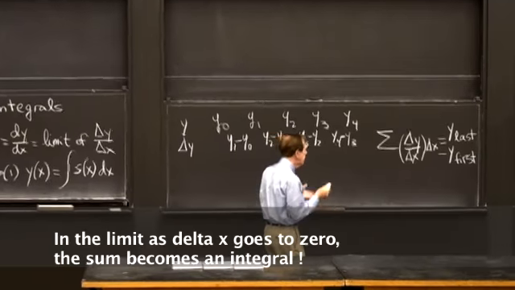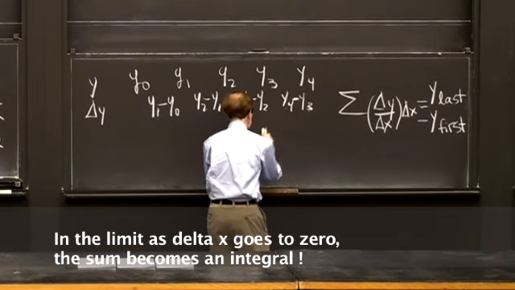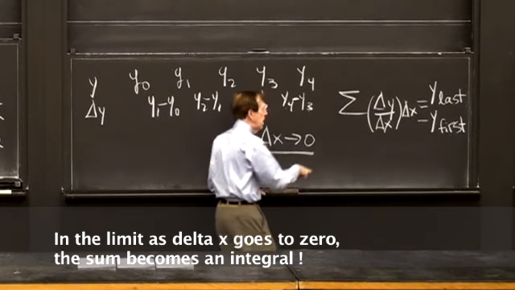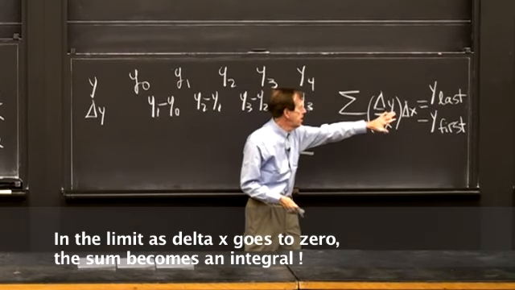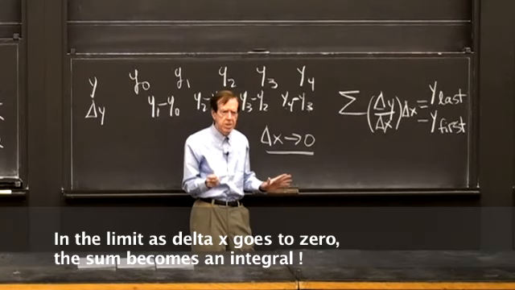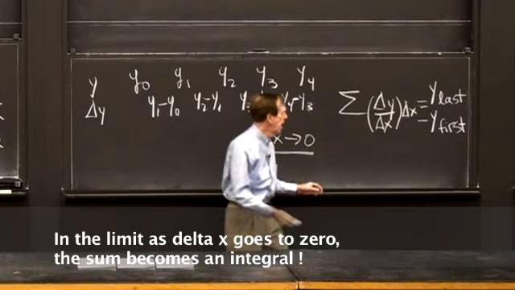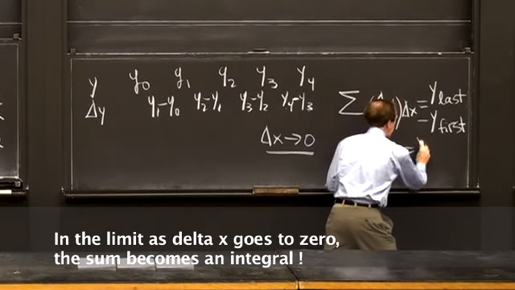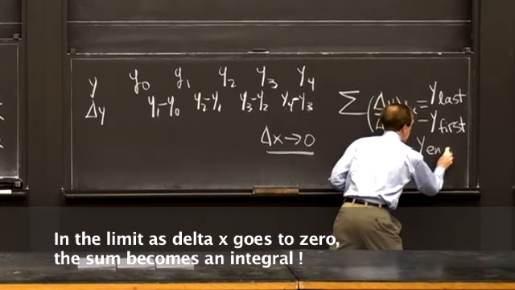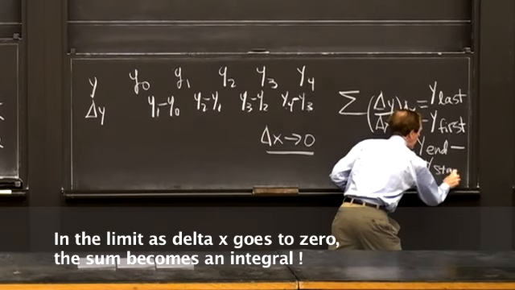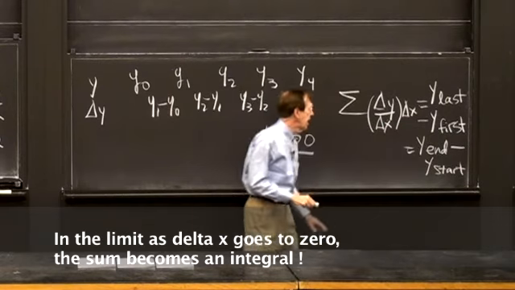So now can I jump to the way that I would write this in the limit? In the limit, as delta x, so now let delta x go to 0. And I ask the right-hand side, y last minus y first, is not changing. Y at the end, I'll write something different, y end minus y start, just to make that same point again.